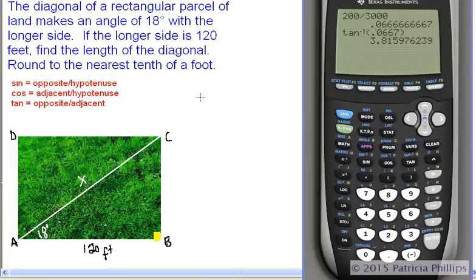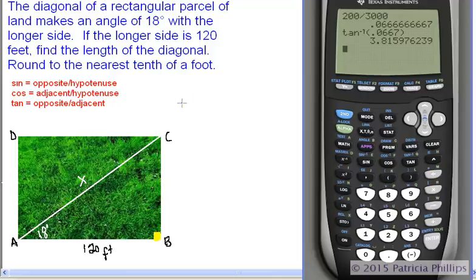So the diagonal drawn in the middle of this makes an 18-degree angle. And so we want to know what the length of it is in feet, because we know the length of the longest side, but we don't know the length of the diagonal.